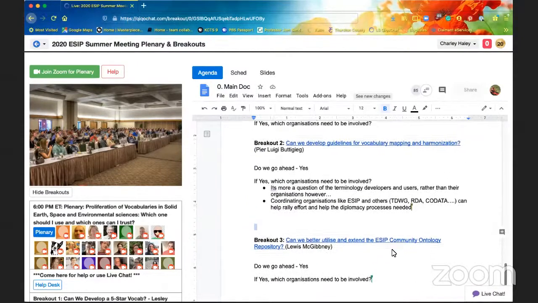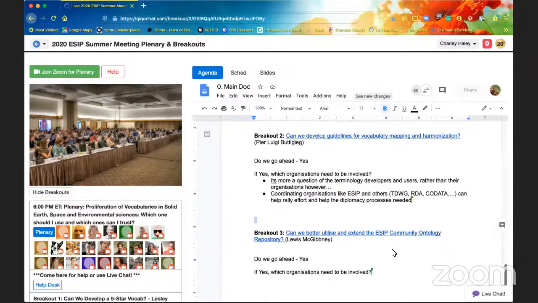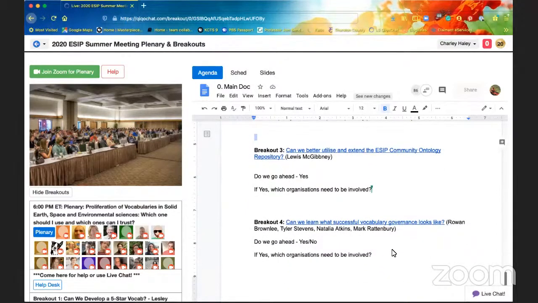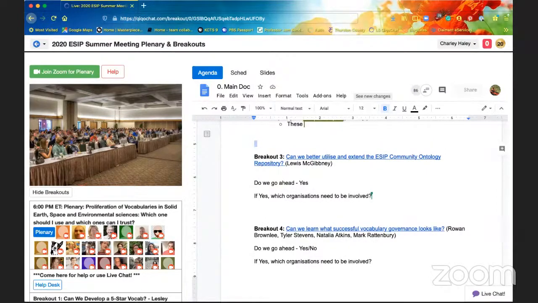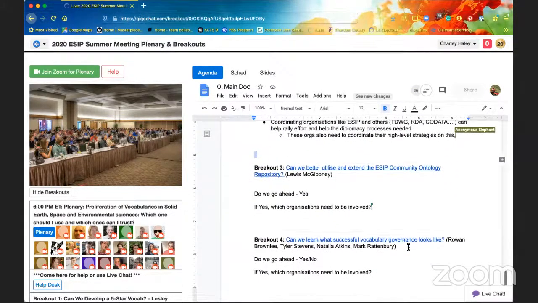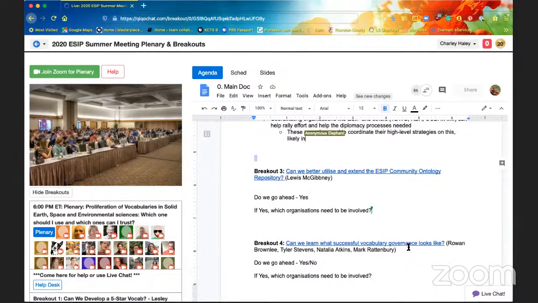Thanks. CODATA is definitely interested in this. Lewis, can you give us your yes, no, and if you are a yes, who? It's a yes. Who is going to need to come out of, I think, a series of formalizing use cases which we've just gathered, and understanding we're focusing on user interfaces here.